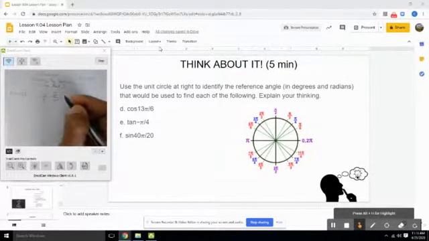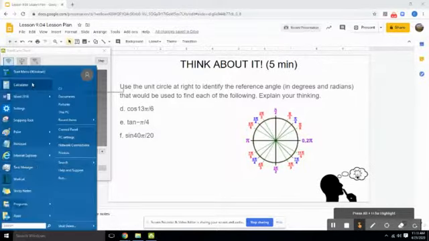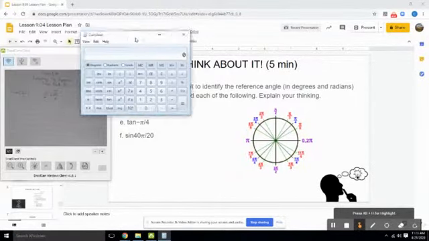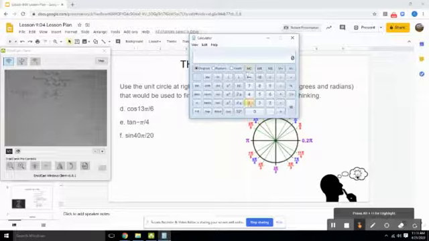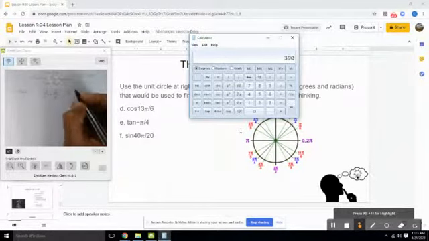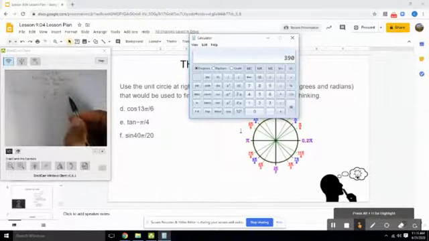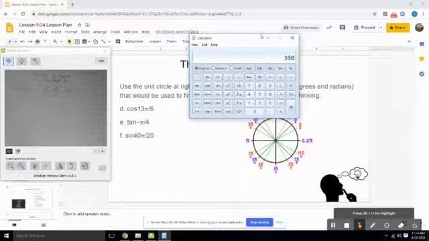We do 13 times 30. Just pull out your calculator. 13 times 30 gives you 390 degrees.